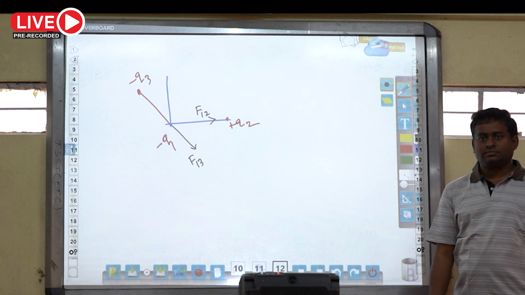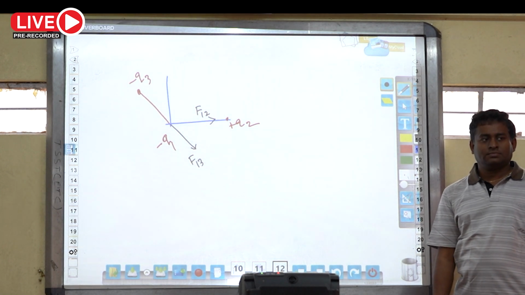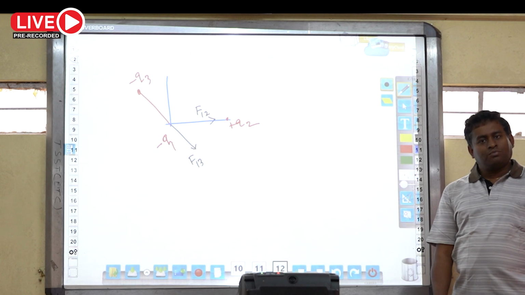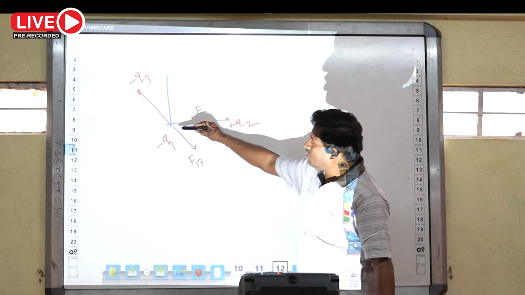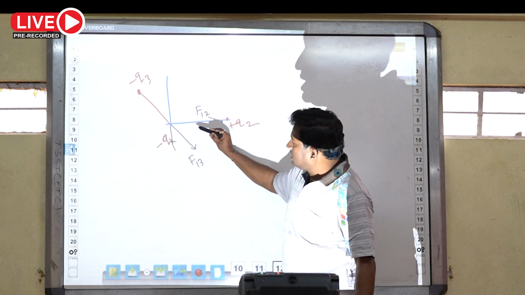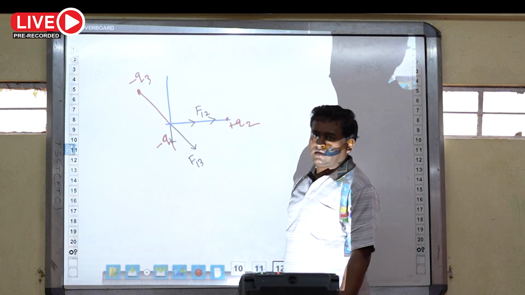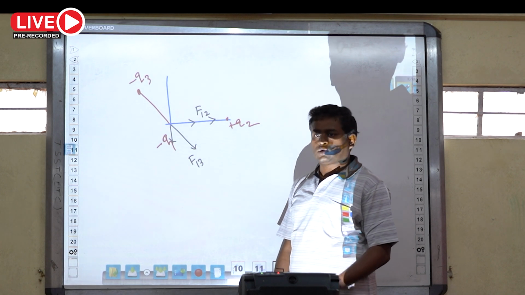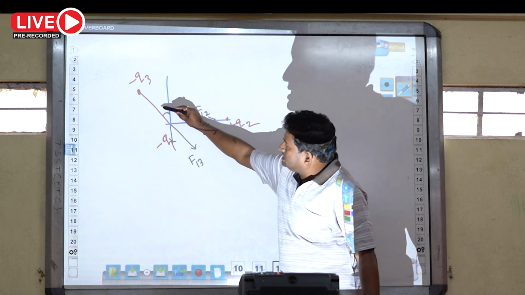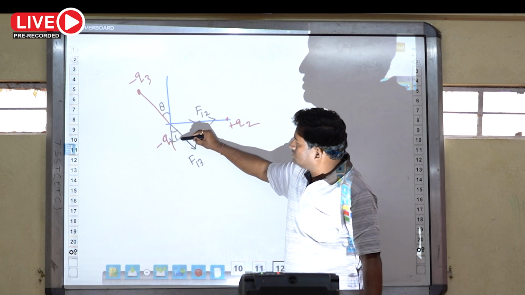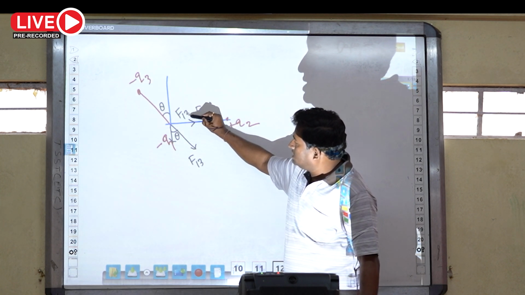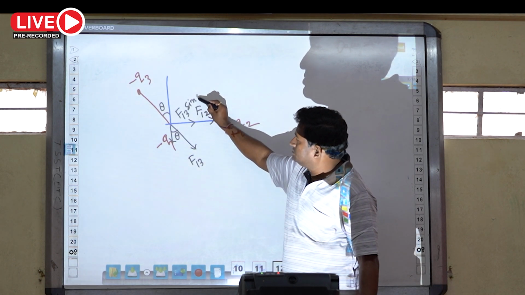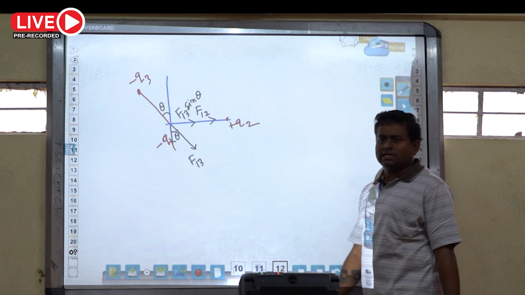Now we can take the components. One component is along this direction, the other component is along this direction. We require only the X component. This angle is theta, this angle is also theta. So this component will be F13 sin theta. This component is cos theta, that is not required.